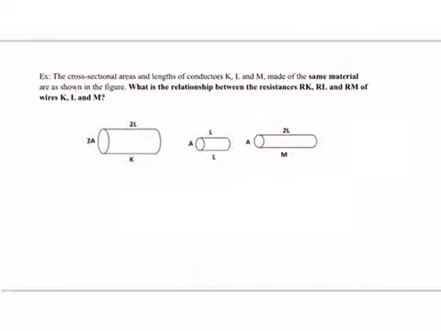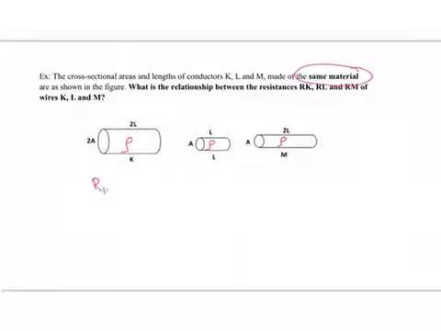The cross-section areas and the lengths of the conductors K, L, M, which are made of the same material, are given, and the relationship between their resistances is asked. As they are made of the same material, they have the same resistivity constant.